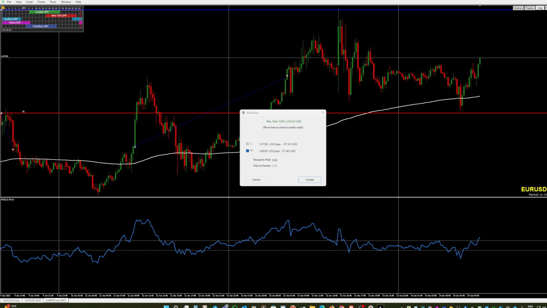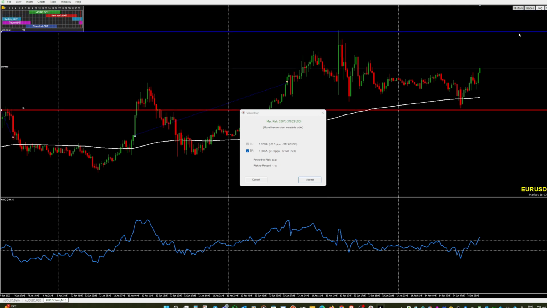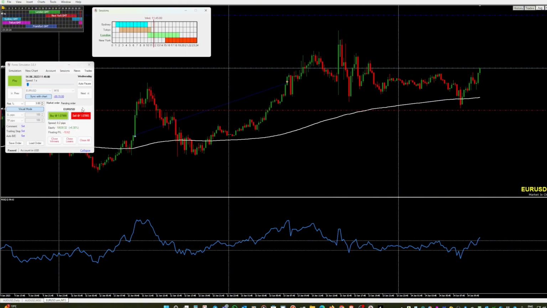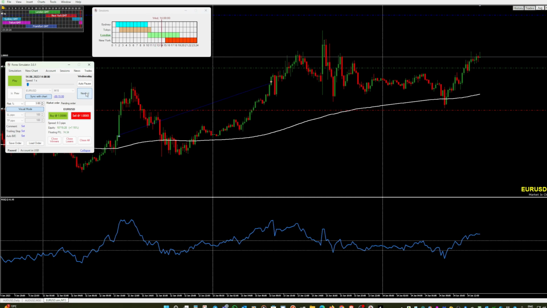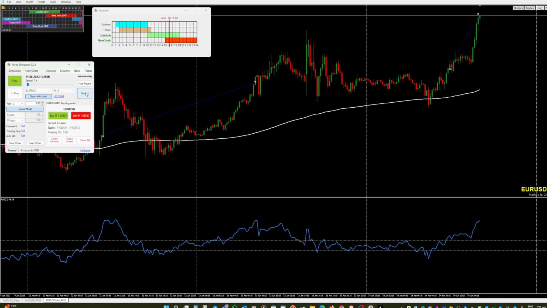And take profit, again, we can aim for the previous highs on the left, or I go for a 1-to-1 or a little bit higher, let's say 1.25 perhaps. See if we have a win or a loss, and great news, that's another win.